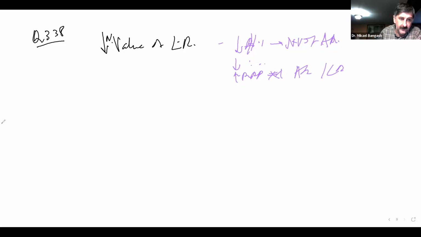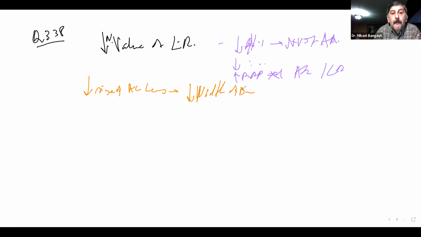Now, to be more specific, reduce the size of the acoustic lens. How would that work? Reduce the width of the beam. And reducing the width of the beam will reduce the numerical value of the lateral resolution.